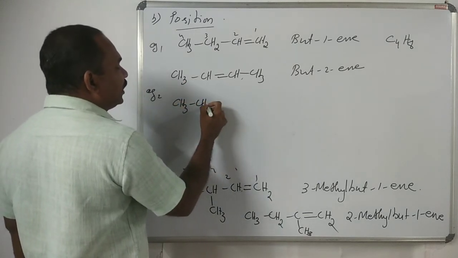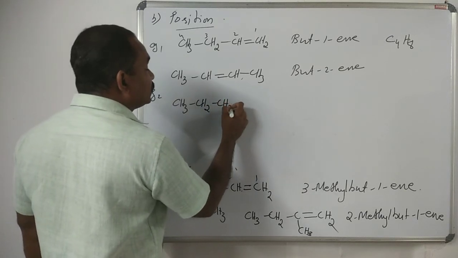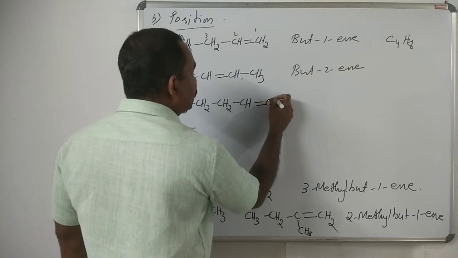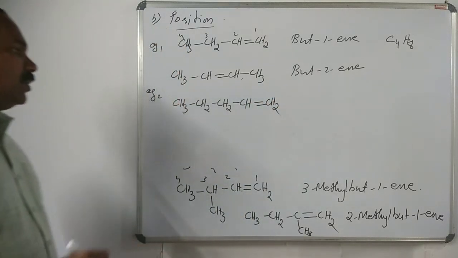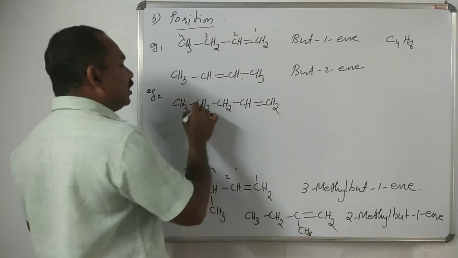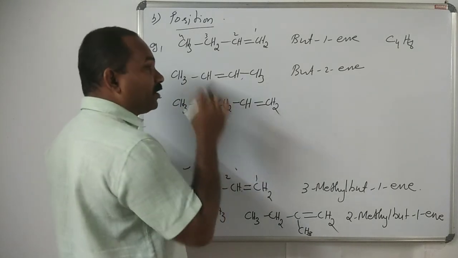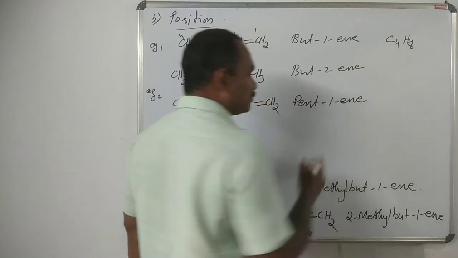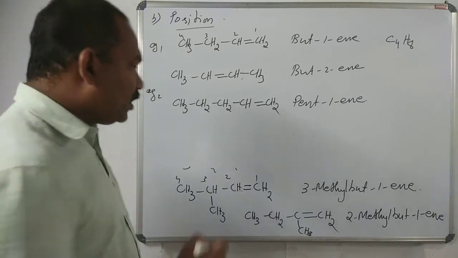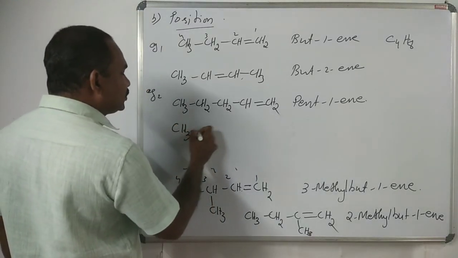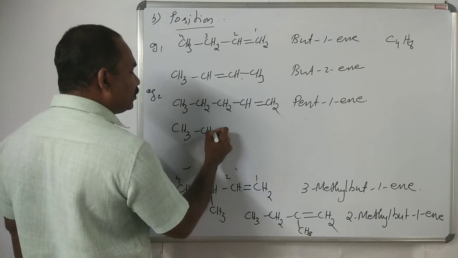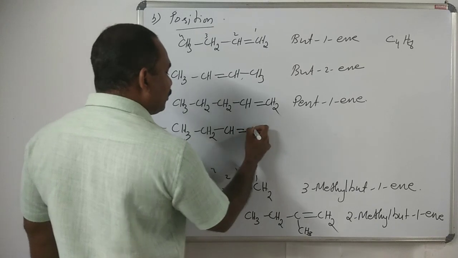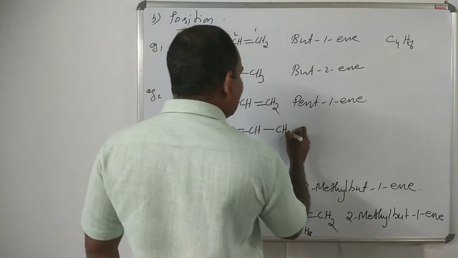Another one. CH3, CH2, CH2, CH double bond CH2. Okay. C5, 1, 2, 3, 4, 5. C5H10. It is pent-1-ene. Okay, pent-1-ene. And its position isomer with respect to the double bond: CH3, CH2, CH double bond CH, CH3.